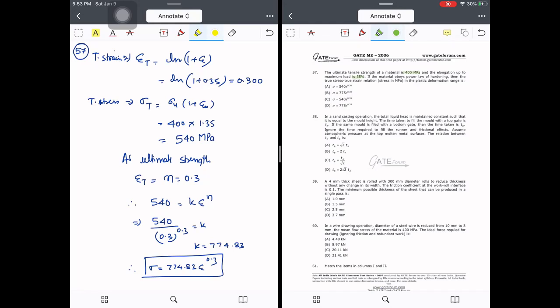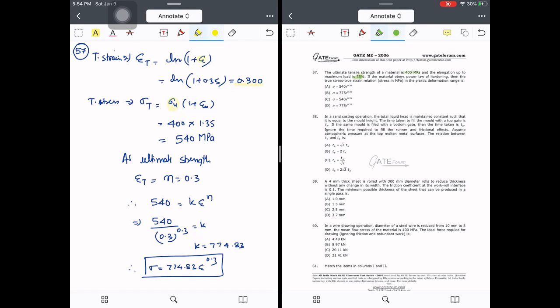Now question number 57. The ultimate tensile strength of the material is 400 megapascal and elongation up to maximum load is 35%. If the material obeys the power law of hardening, then what is the true stress strain relation in the plastic deformation range? The true strain epsilon T is given by ln(1 plus epsilon), where epsilon is the strain. If we put the elongation at maximum load as 0.35, I got the ln value as 0.3.